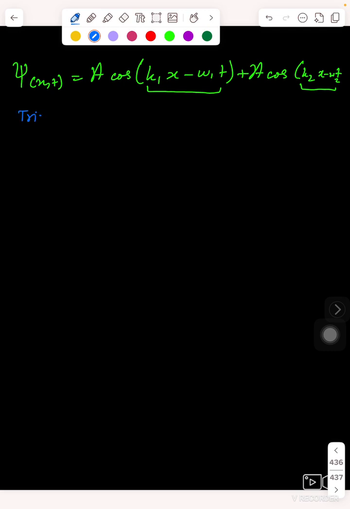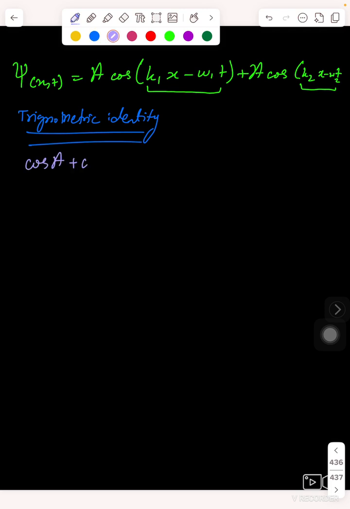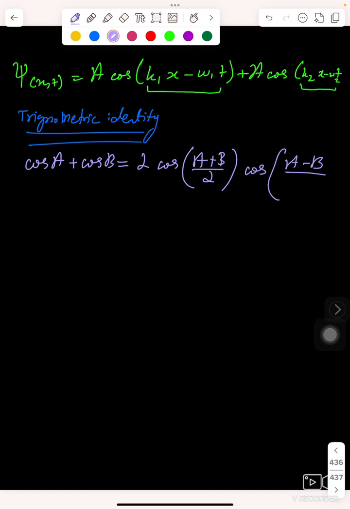There's one trigonometric identity, which is cos A plus cos B equals 2 cos of (A plus B) over 2 times cos of (A minus B) over 2, opposite of what we got here. Now when we take this identity, cos A is this one and cos B is this one.